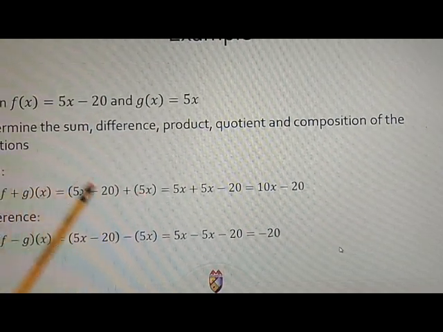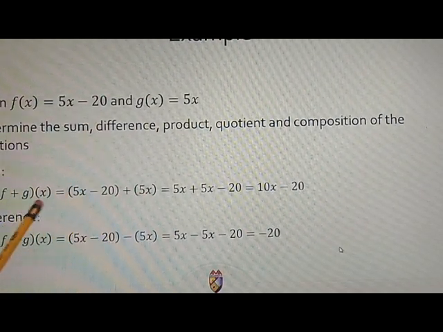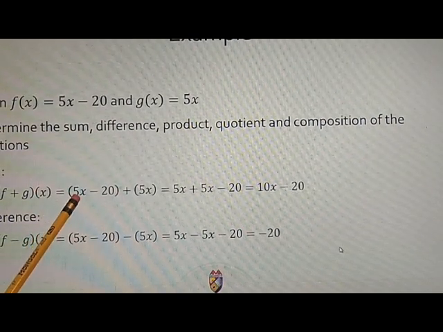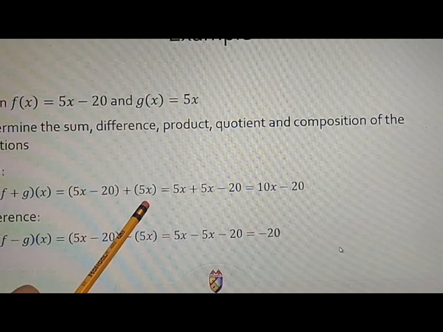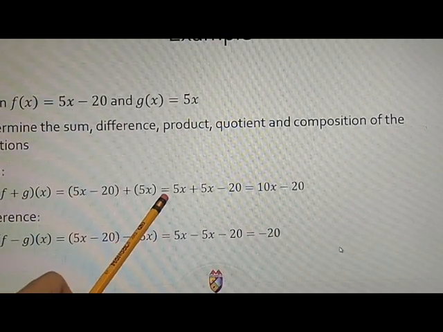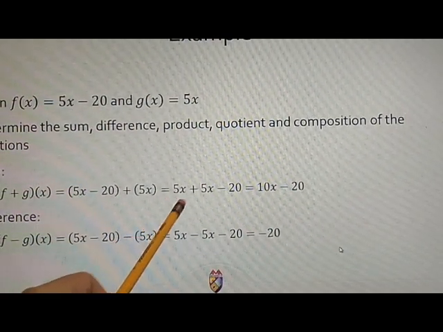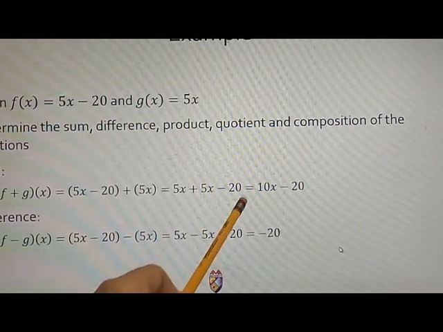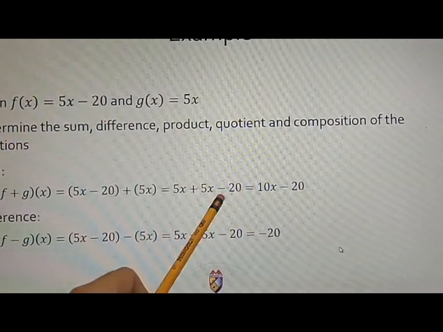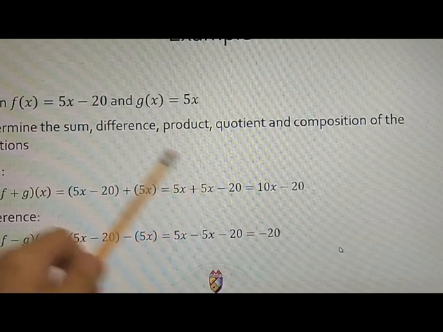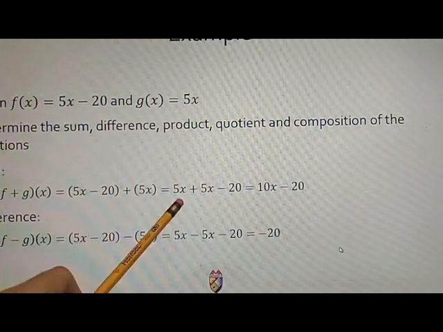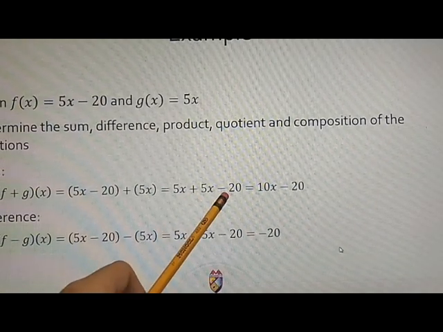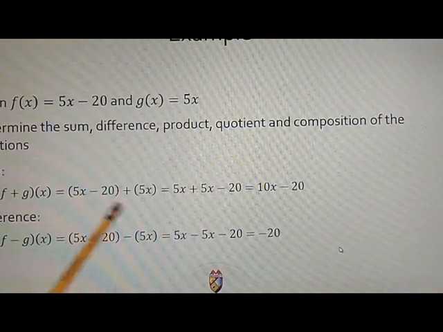Okay, so we have f plus g of x is equal to the quantity of 5x minus 20 plus 5x. Okay, so this is equal to 5x plus 5x minus 20. So by arranging the like terms, yung 5x, dinikit natin dun sa 5x, kaya meron tayong dito dalawang 5x, and then kopya lang yung minus 20.